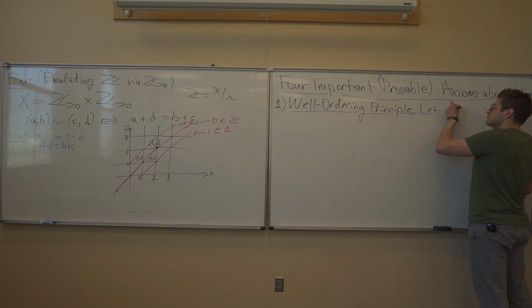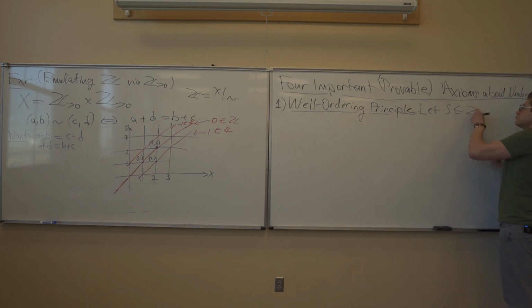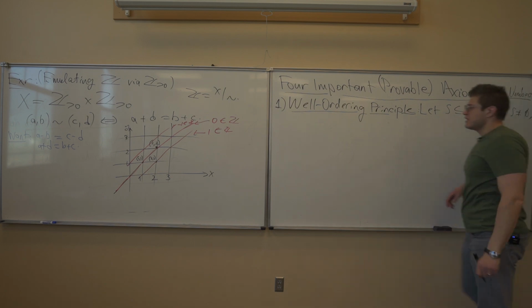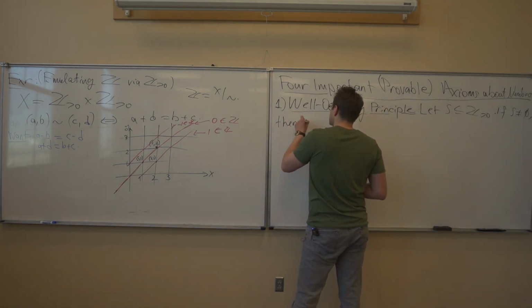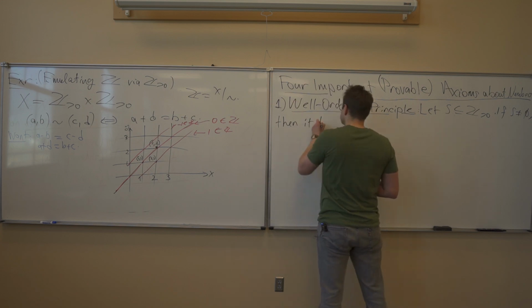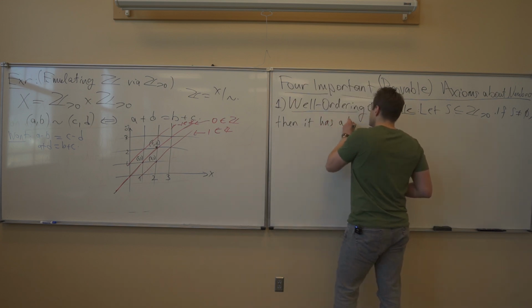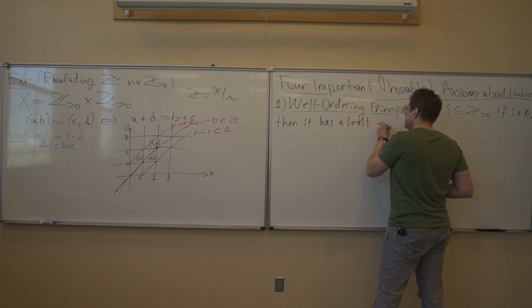So let's write it. Let S be a subset of positive integers. If it is non-empty, that is to say, if it's not the empty set, then it has a least element.